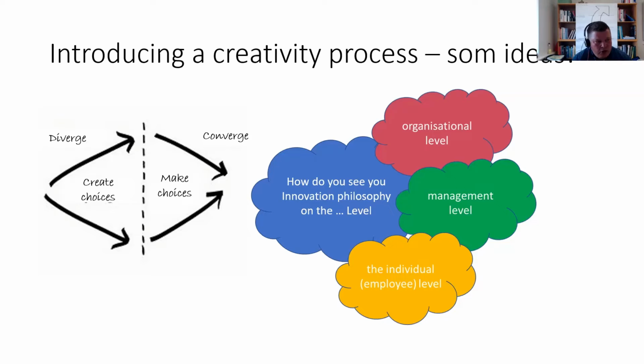I'm not sure of the method yet, but I'm thinking of something like flash fiction or 1-minute essays to make this process quick, but write 3 essays in some form on how do you see the innovation philosophy of a given case company on an org level, management level, and an individual employee level.